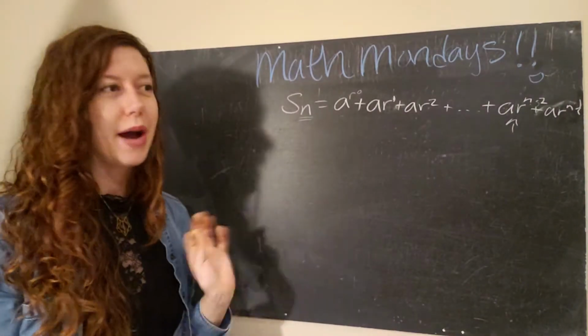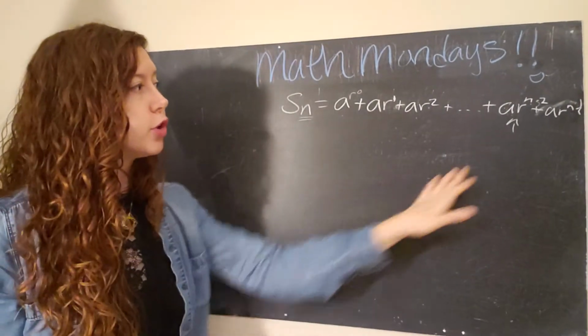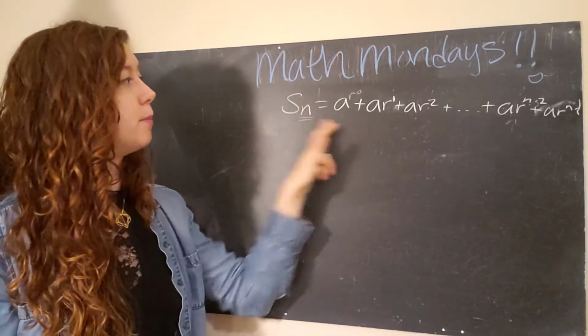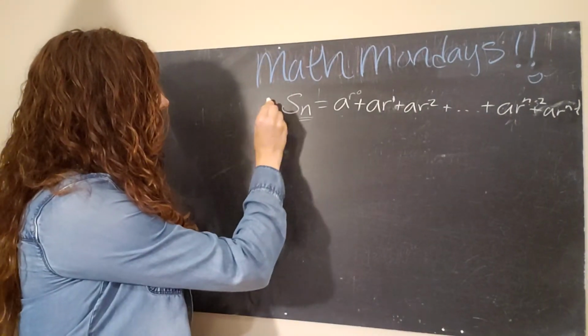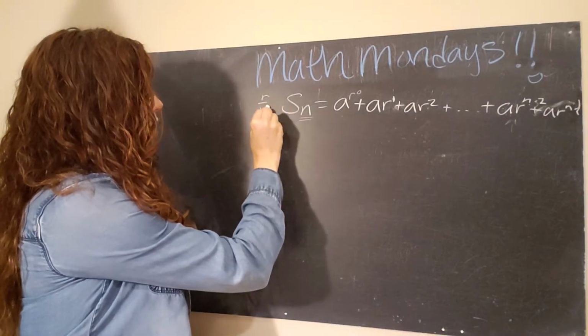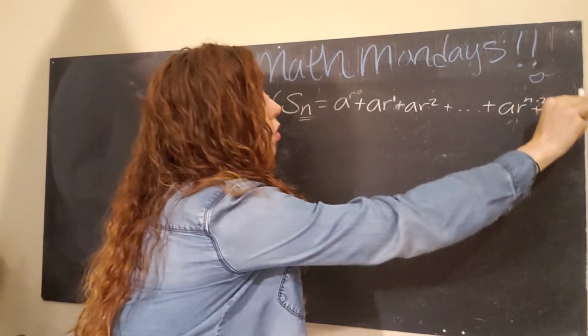Let's look at these cool math tricks that we can do. So what I'm gonna do is I'm gonna multiply both sides by r. Super cool, right? So we'll say r times this whole equation.